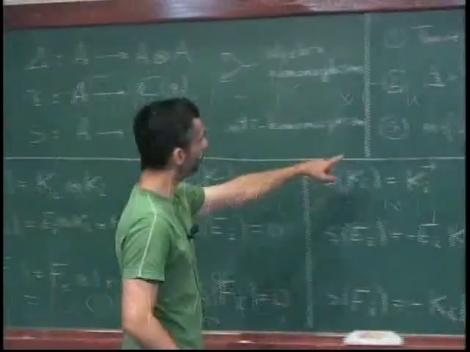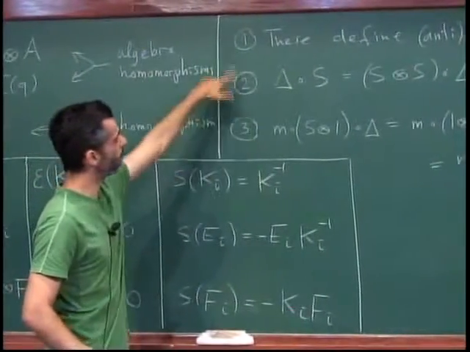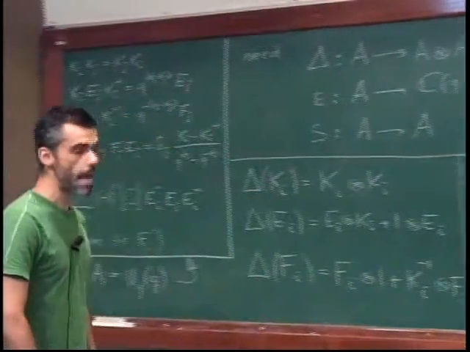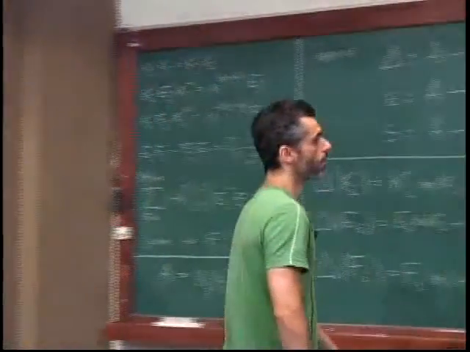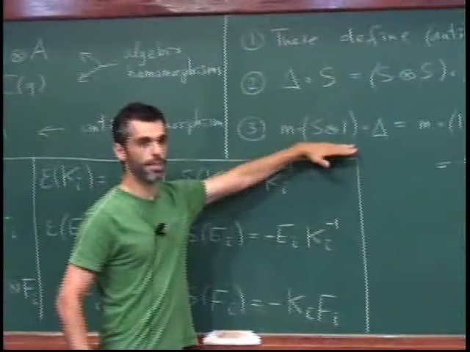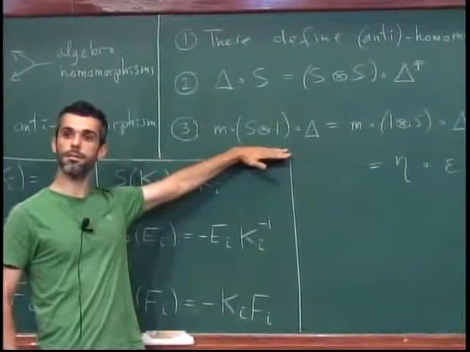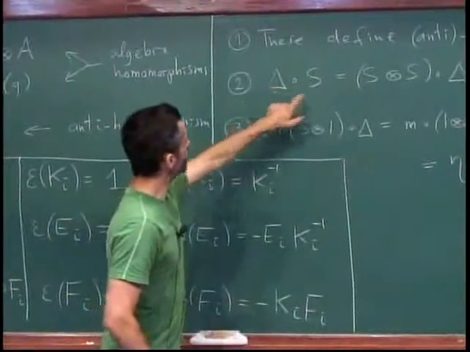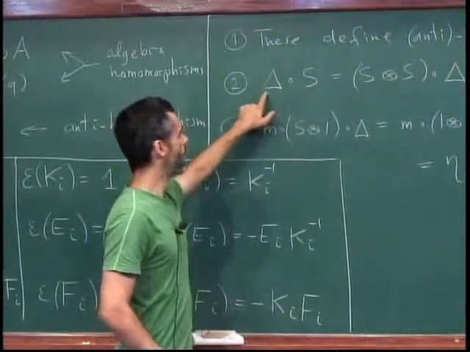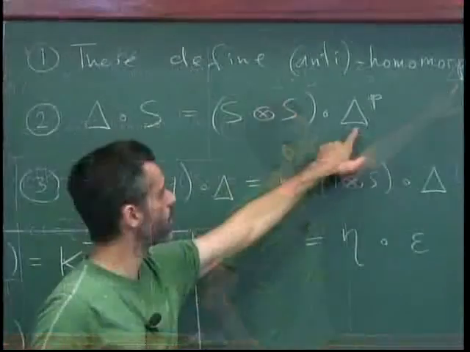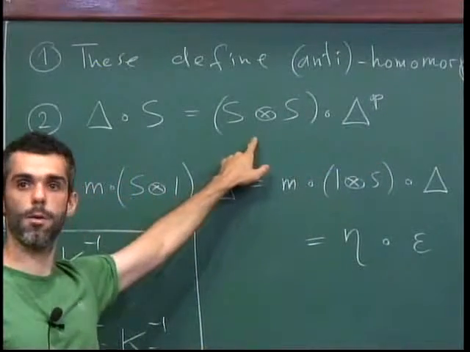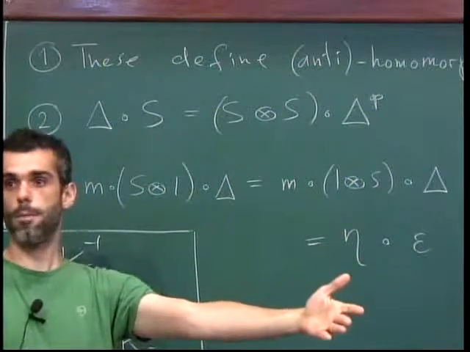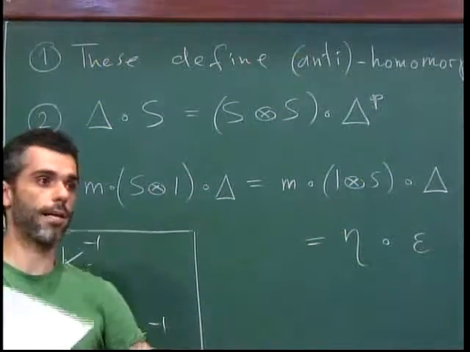Let's do 3. So 3 is a little bit different than the other ones in the sense that it's not clear a priori that it's enough to check 3 just on generators. This is an algebra anti-homomorphism, that's an algebra homomorphism, that's an algebra homomorphism, that's an algebra anti-homomorphism. And to check that two such anti-homomorphisms are equal, it's enough to check it on generators.